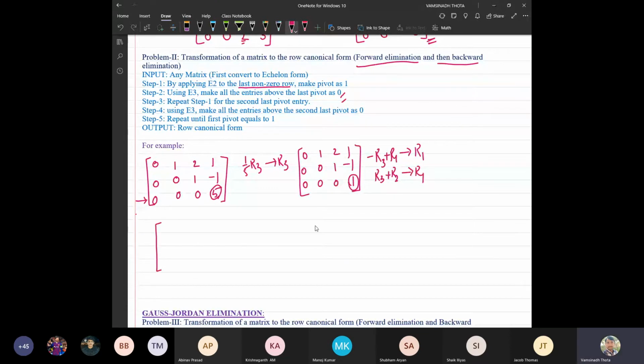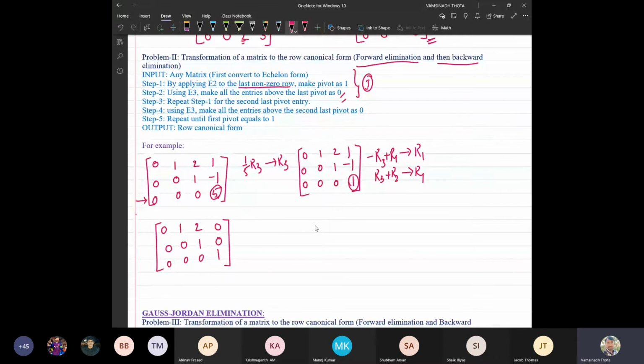With the help of those two elementary row operations, most of the things will not be affected. 0, 1, 2 now becomes 0, and then 0, 0, 1 also becomes 0, and then 0, 0, 0, and then 1. Done.